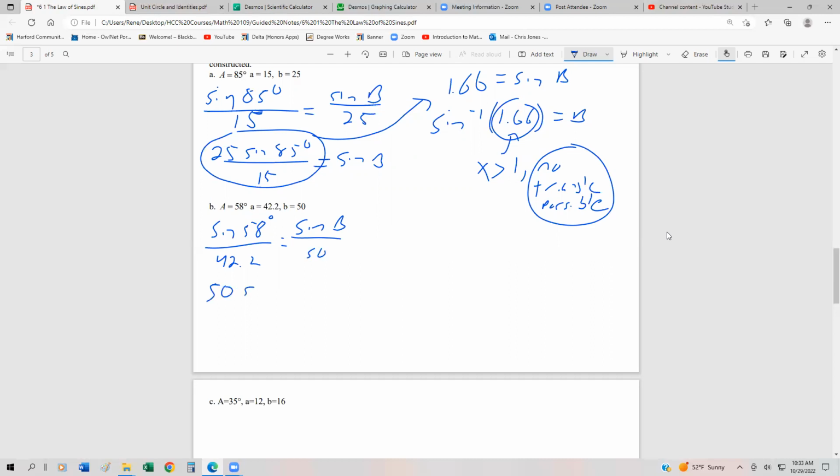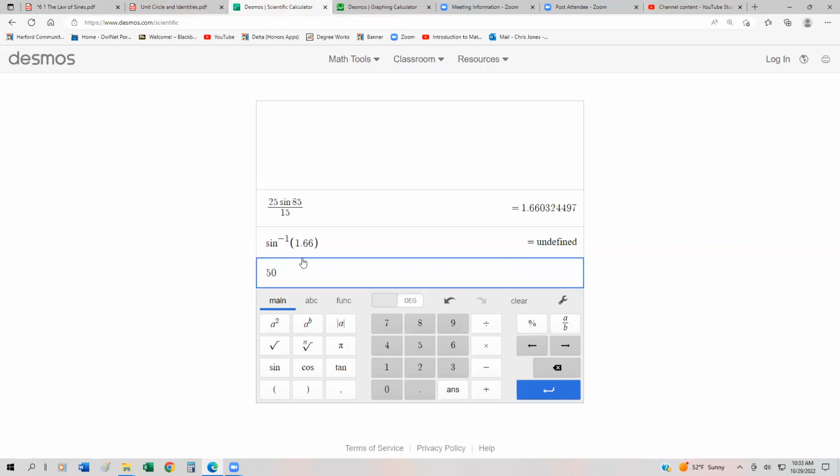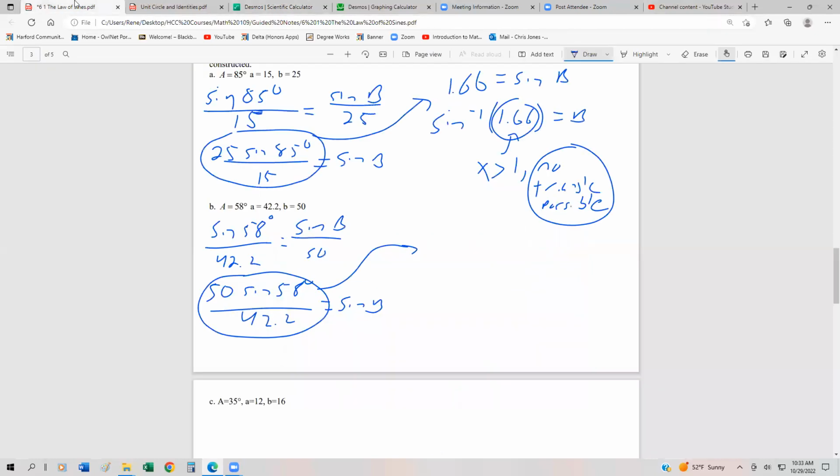So 50 sine of 58 degrees divided by 42.2 is equal to sine of B. I'm going to compute this by throwing it into my calculator: 50 sine of 58 divided by 42.2.